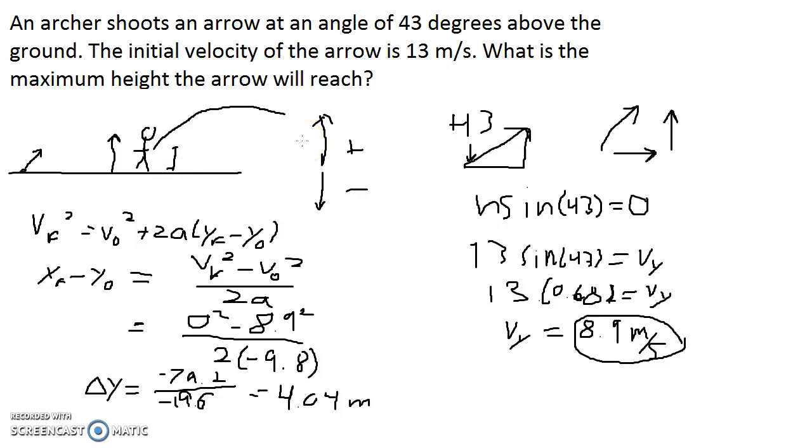If there are any other heights in the problem that you don't know what to do with, pay attention to that. For example, if the problem said the initial velocity of the arrow is 13 meters per second and the archer is 2 meters tall, then you might have to add 2 meters on top of the 4.04 meters that we found previously. So just keep an eye on that when you're reading your problems.